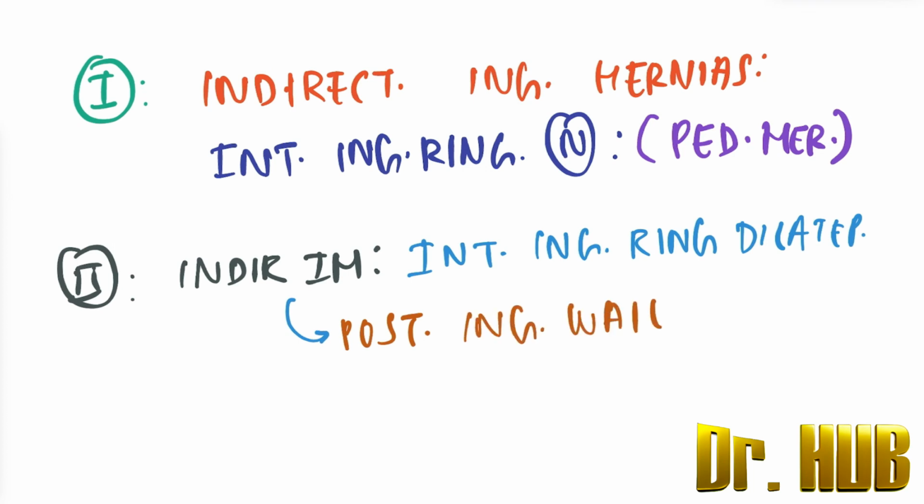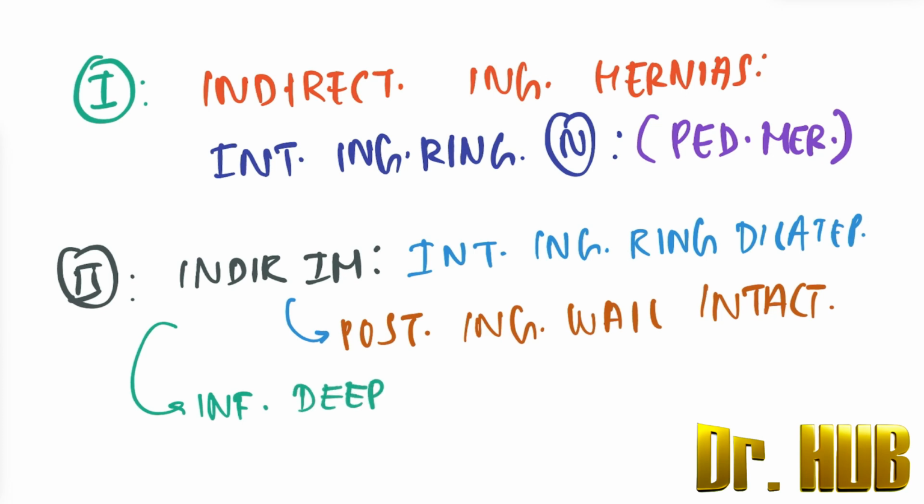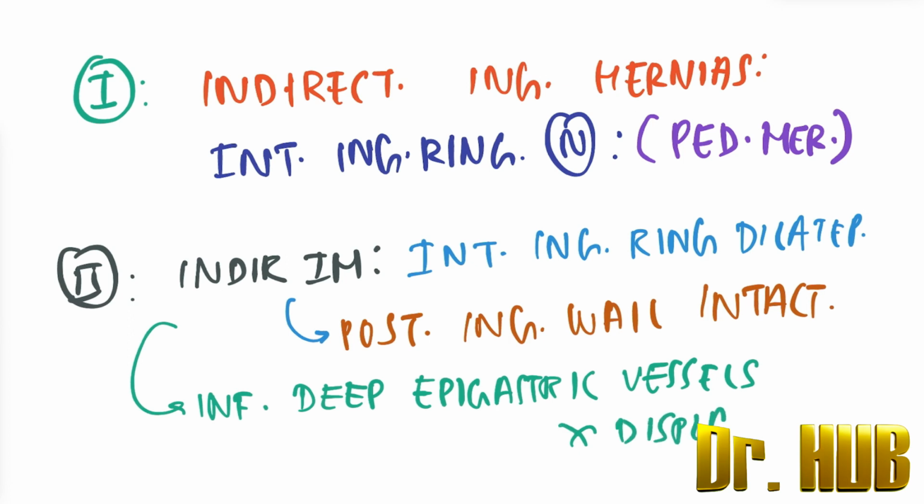To repeat, in the indirect inguinal hernia, the internal inguinal ring is dilated, but the posterior inguinal wall is intact. Next point is that the inferior deep epigastric vessels are not displaced.